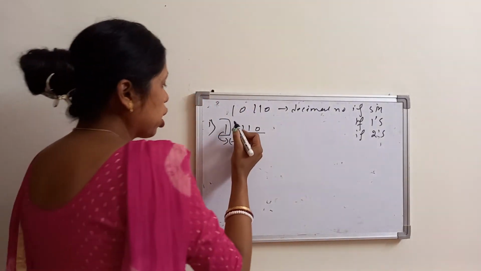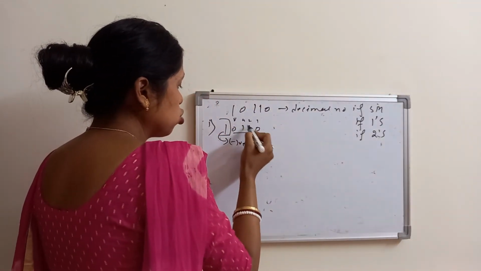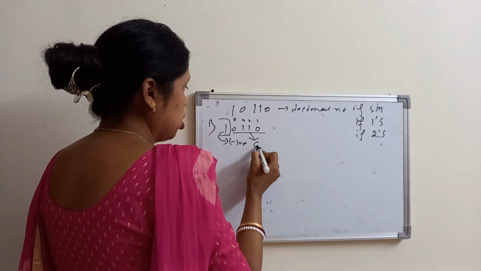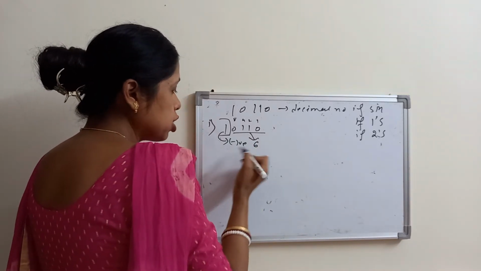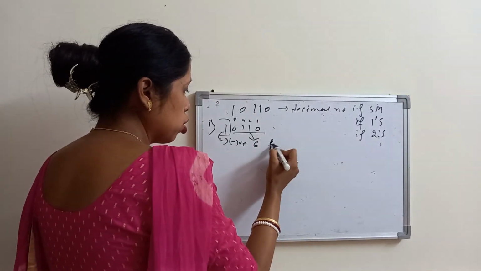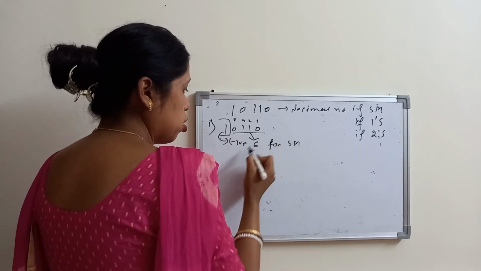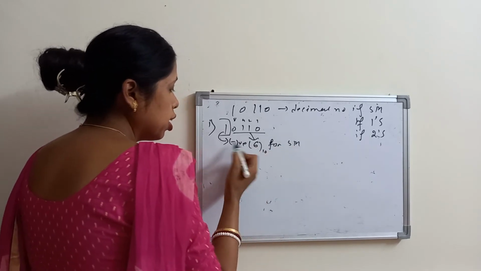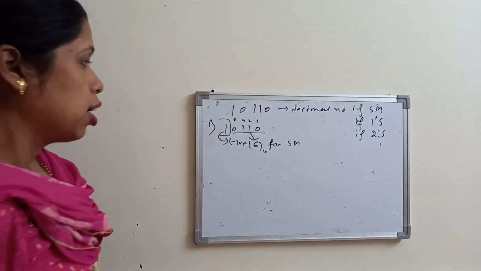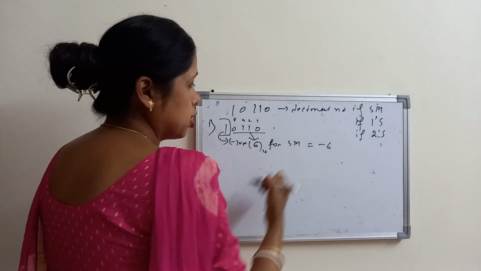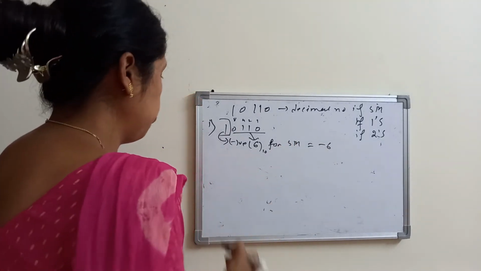If I convert it using 8421, it is 6. So it is minus 6 in signed magnitude format.